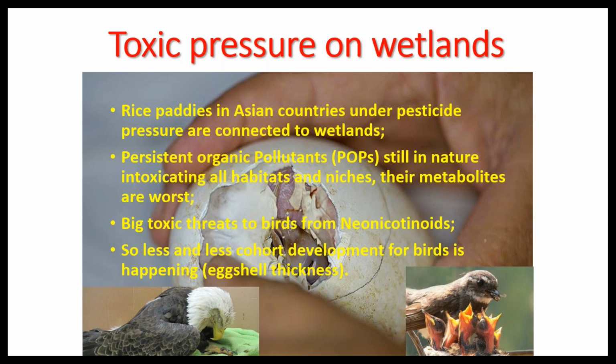Also, about the persistent organic pollutants, POPs, that at first were about 8 of them, and the starting one was DDT as a chlorinated insecticide, and some other insecticide like heptachlor, chlordane, and chlordecone, and they were 8.